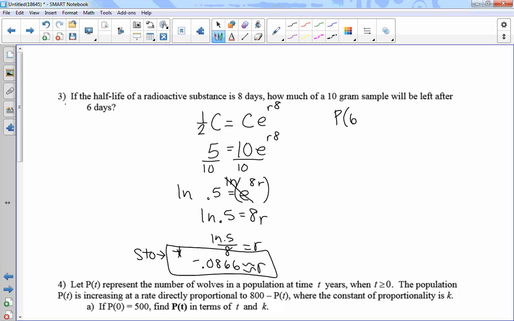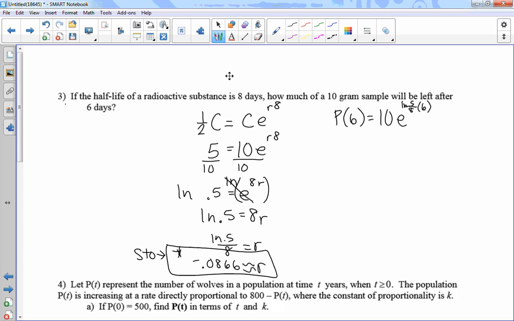Okay, so how much of the sample will be left after 6 days? The population after 6 days, P of 6, is 10 e to the natural log 0.5 over 8, or you can call it R if you've shown that that's what R is, times 6.